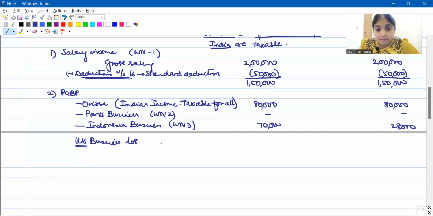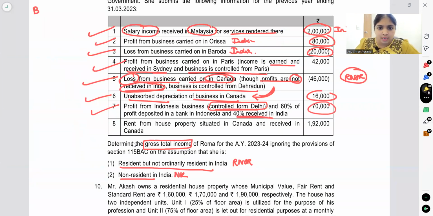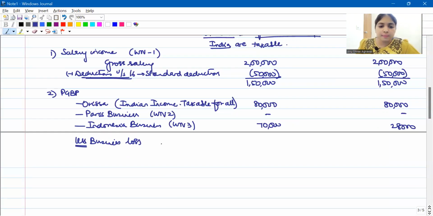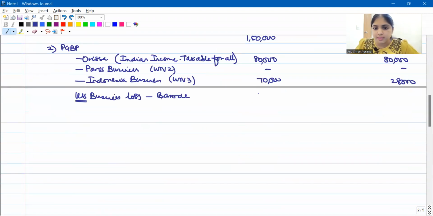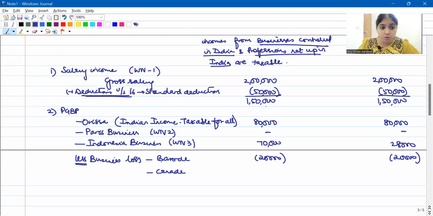business loss. If you remember, we had 2 business losses. One of them was this one, loss from business in Baroda. This we said will be for both. And we had one more loss from Canada. This we said was only for the RNOR. So business loss Baroda. How much was a Baroda business loss? We've even made a note over here, 20,000. This I will adjust for both. 20,000 and 20,000. Then we also have another business loss from Canada. This I'm going to consider only for the RNOR, right?